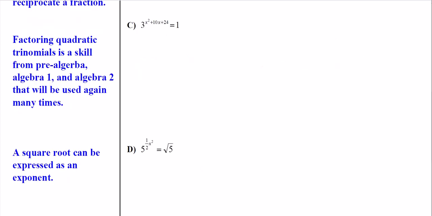Oh, this is fascinating. So we have to get these to be the same base. Now, let me ask you this. What is 1 to the 1 power? Well, that's 1. What about 1 to the 0 power? That's 1. What about 3 to the 0 power?